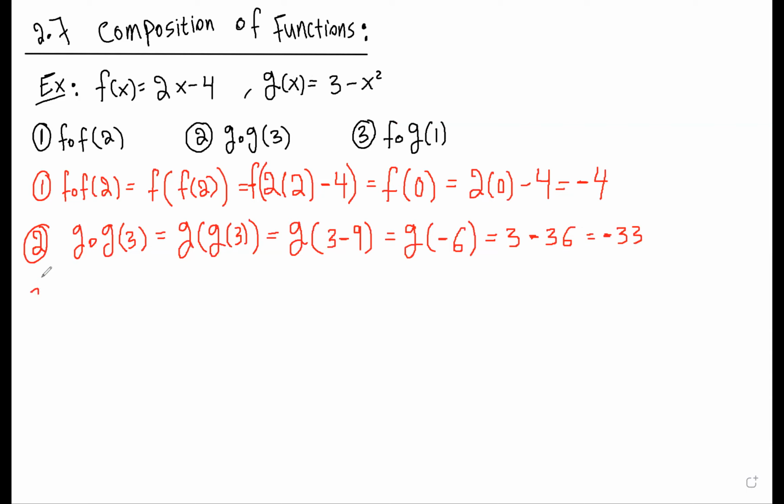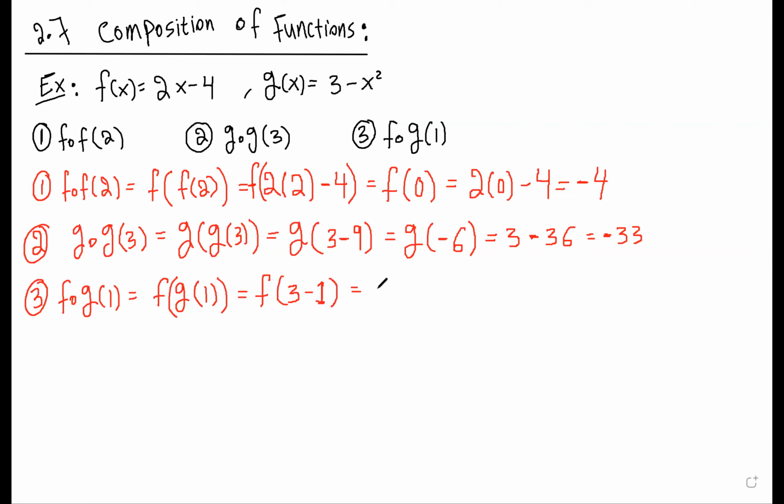For the third one, f circle g of 1, which equals f of g of 1. Now you plug the 1 inside the function g, then whatever you get, you plug it inside the function f. So g of 1 is 3 minus 1 squared, which is 3 minus 1, because 1 squared is 1.